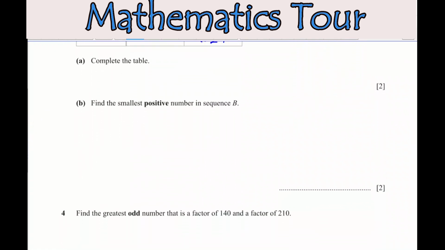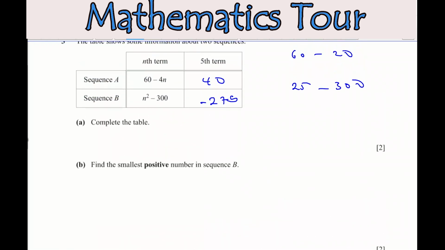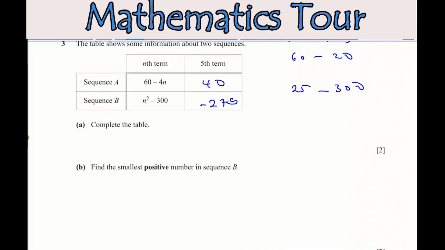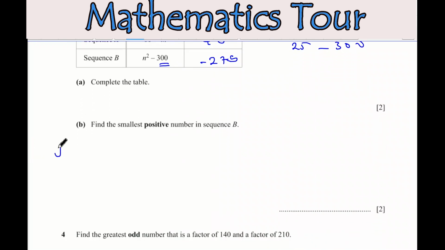Part B, find the smallest positive number in the sequence B. What you can do here is very simple. Since we have 300 here, if you find the square root of 300, that will give you 17 point something.